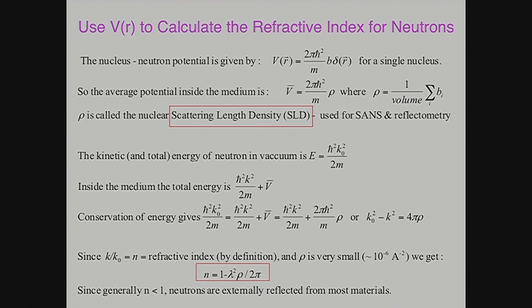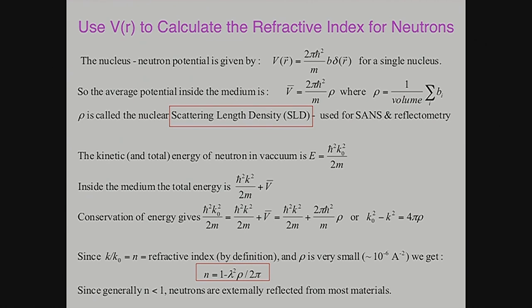And that's just a conservation of energy argument. Outside the medium, the neutron has a kinetic energy, which is just h bar squared over 2m times the wave vector squared. That's just half mv squared, right? Inside the material, it has half mv squared, but with the v from outside replaced by the velocity inside the material, plus the average potential energy.